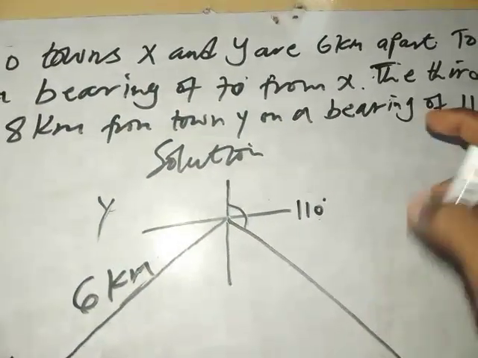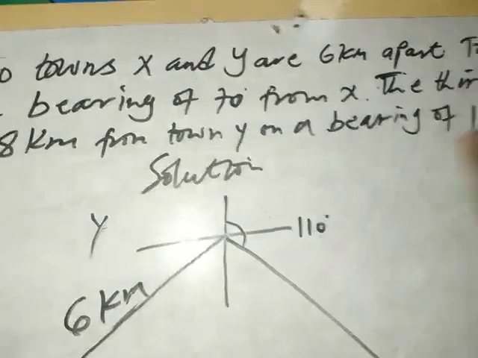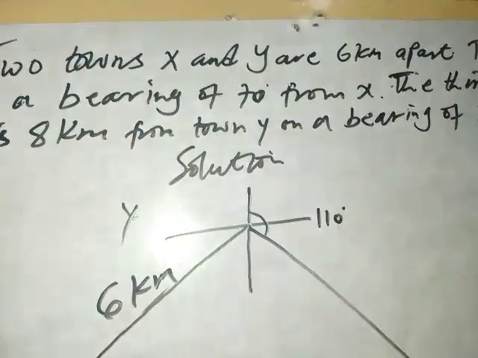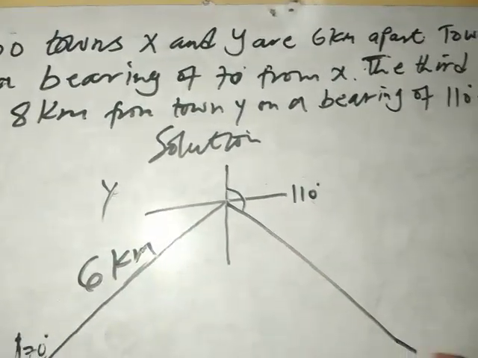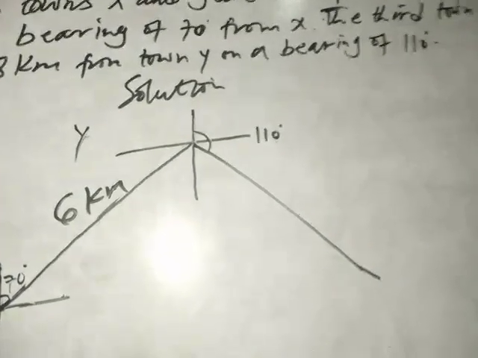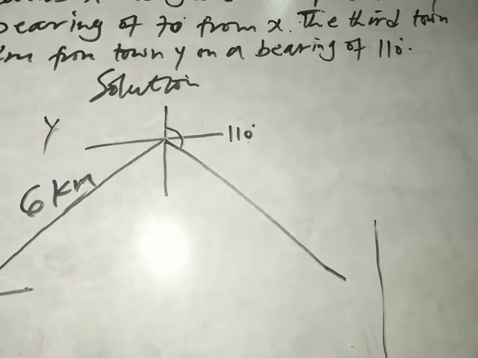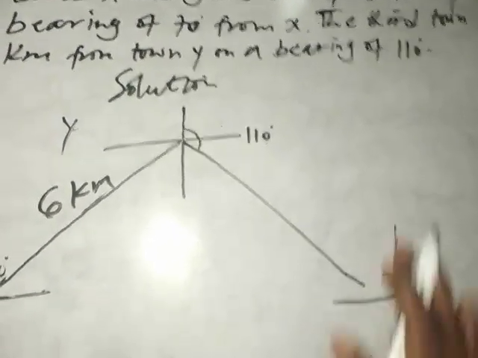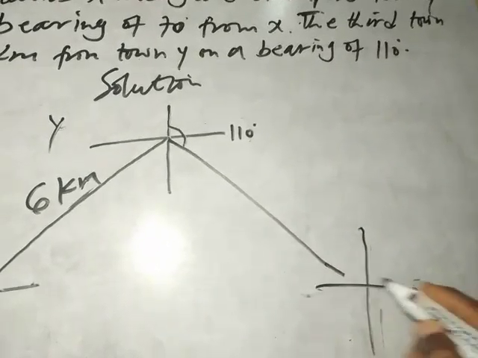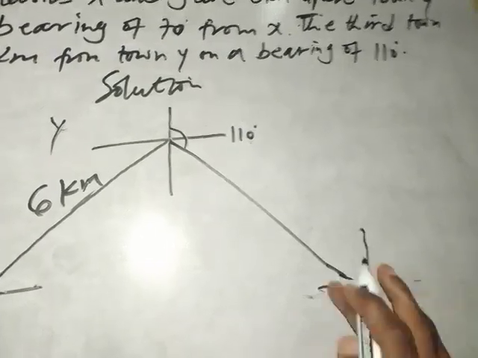Now remember that they told you that the third town W is 8 kilometers from town Y on this bearing. So if this is Y, that means this place is the third town, which is town W. So you draw it like this to meet this line.